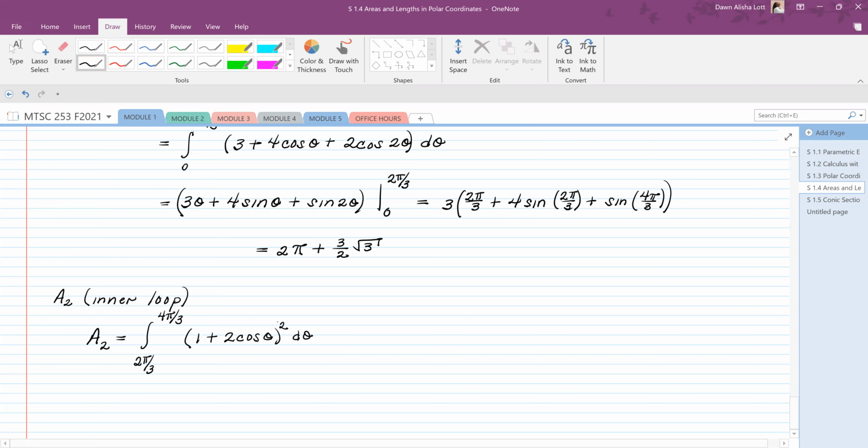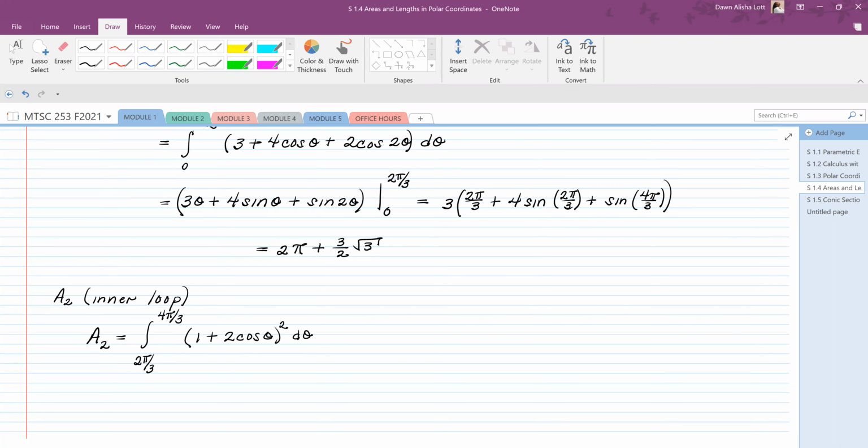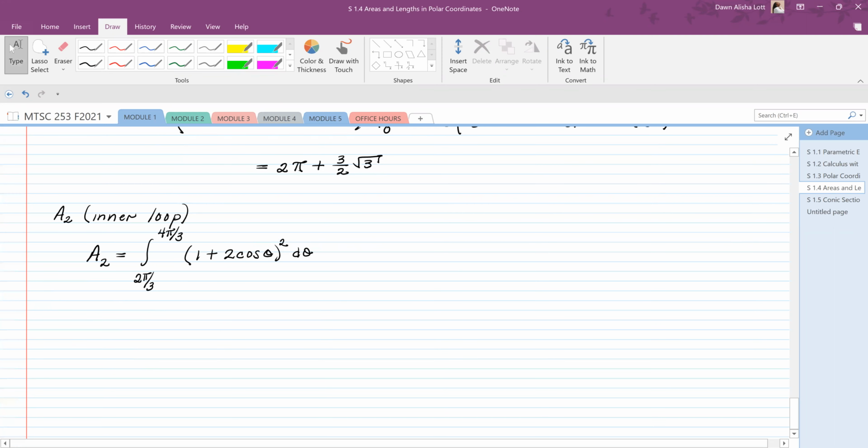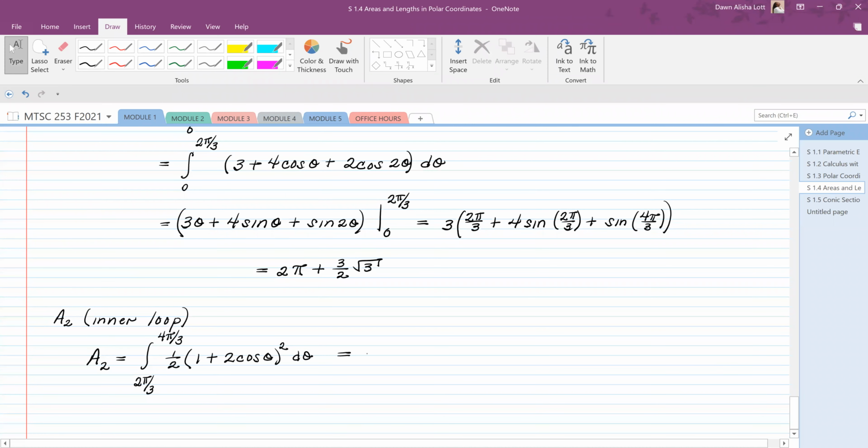Okay, I already know what that's going to integrate to. We did the integral. I'm missing a 1/2. So we already know that when you do the integral, you get 3 theta plus 4 sine theta plus the sine of 2 theta.